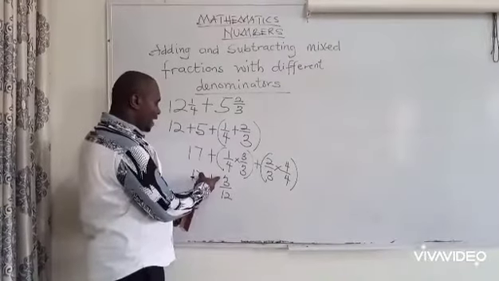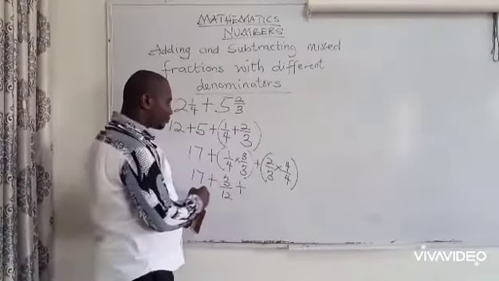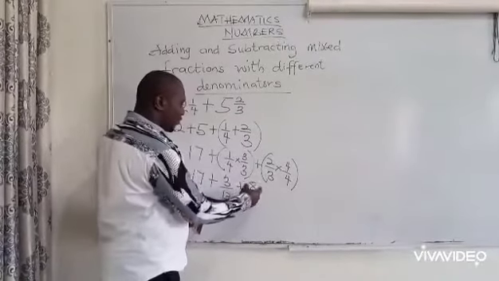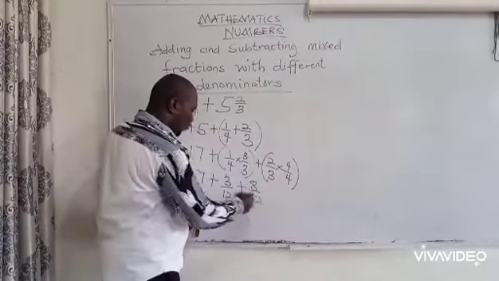So we have 3 out of 12 plus 2 times 4, which gives us 8 out of 3 times 4, which gives us 12.